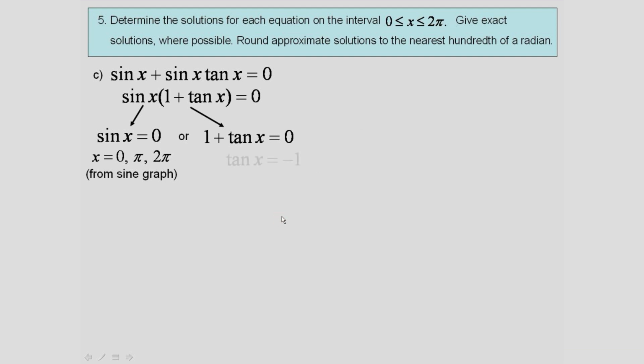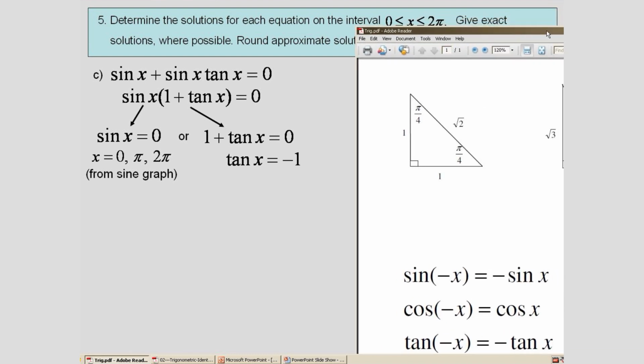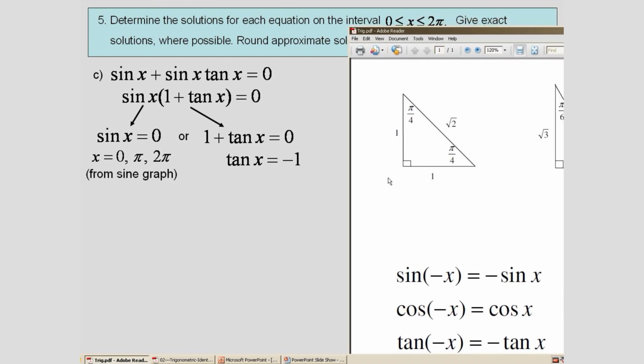All right. 1 plus tan x equals 0 means that tan x has to equal negative 1. So you could at this point grab your calculator, do the inverse tan of 1 and find the related acute angle and so on, but you can actually use the special triangle here. If we look at this special triangle, we want to get the ratio to work out to 1.